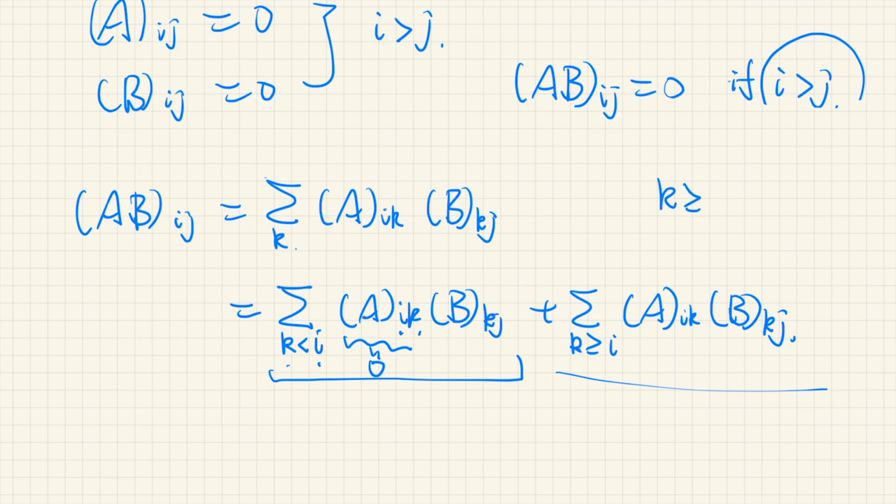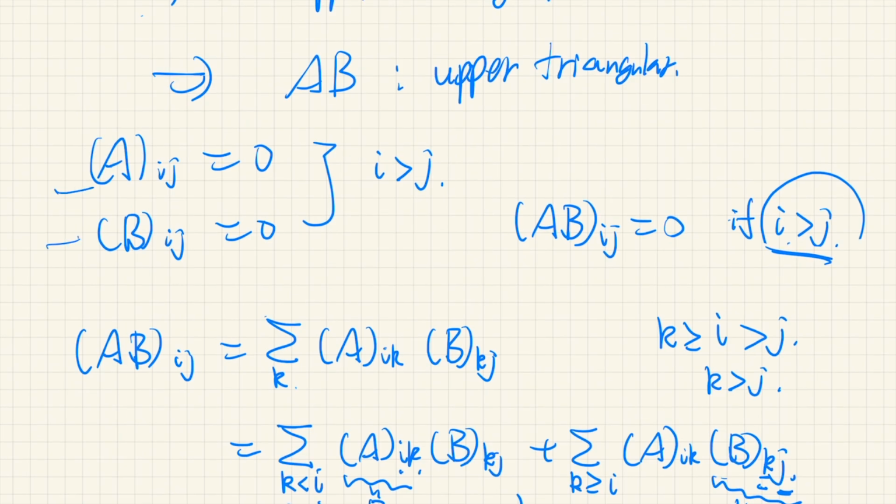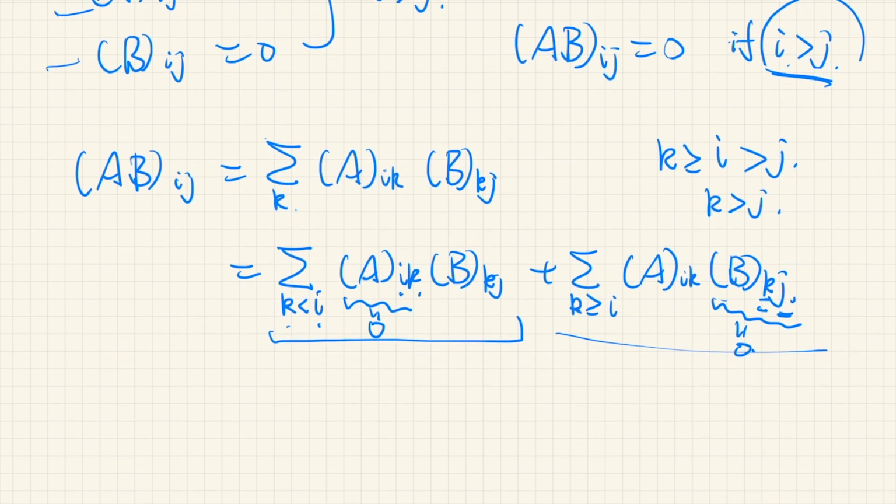k is greater than or equal to i, but we are assuming i is greater than j. So that means k is greater than j. The first index is greater than the second index, so this part is equal to 0 because these matrices are upper triangular.